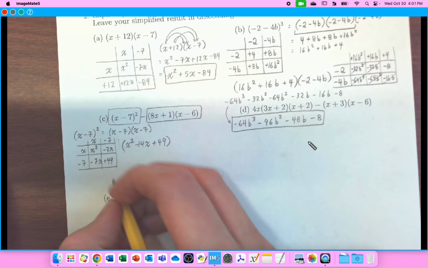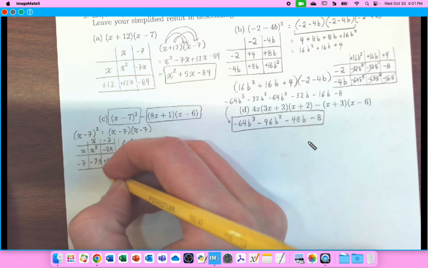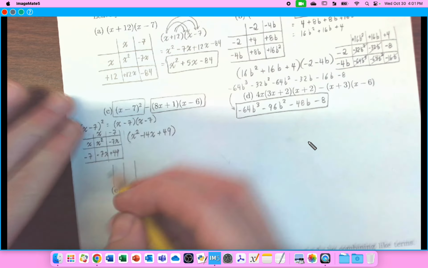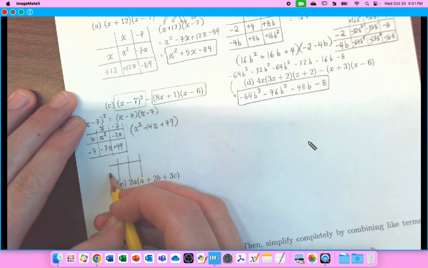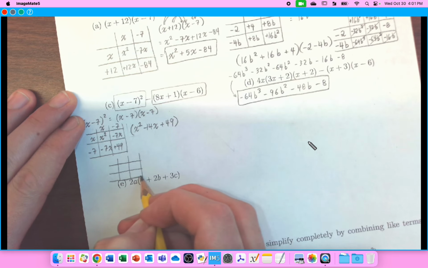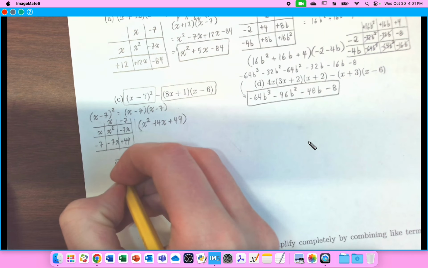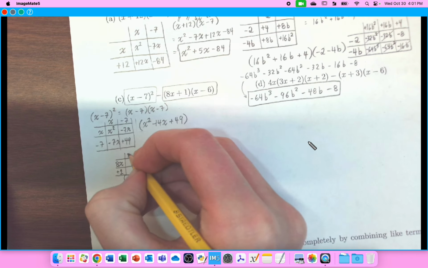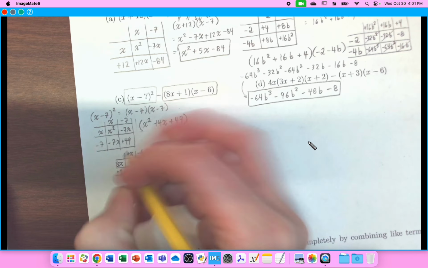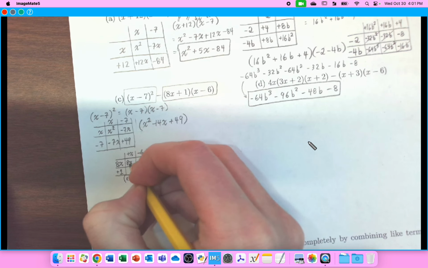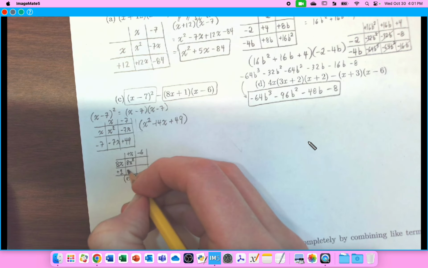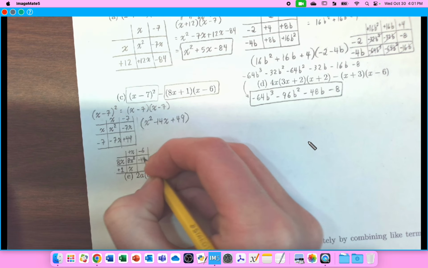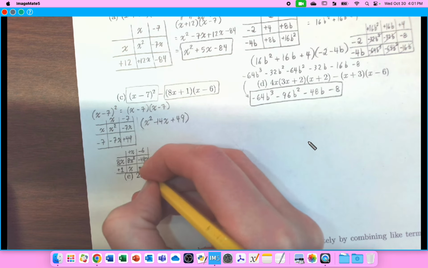So let me do my little box thing. It's getting a little crowded. This could have used more space, that's for sure. That's my own fault. 8x squared, minus 48x and negative 6.